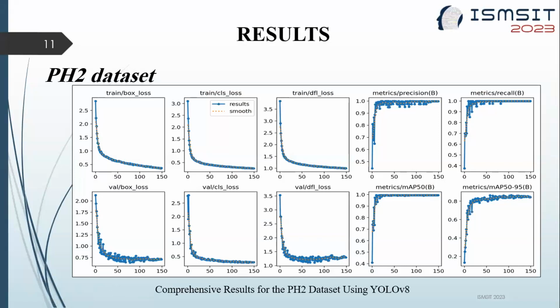Here we see the results for the losses, precision, recall, and the mean average precisions at 50 and from 50 to 95. We see that there is an enhancement in the model by looking at the loss figures and precision and recall.